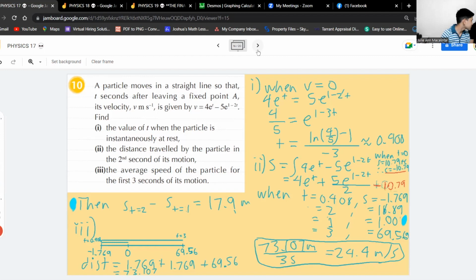Okay. Part 2. In the second of its motion.